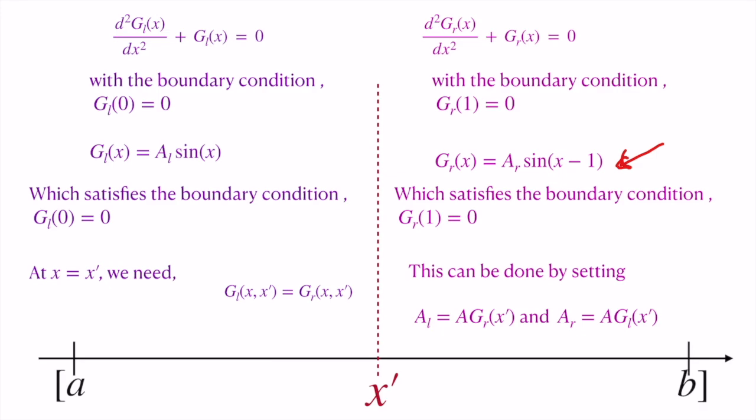Once we do this, the solution matches, but the derivative need not match automatically. In fact, we have to find A such that the derivatives of these two match at x equal to x prime. Nevertheless, we have found an easy method to match the left hand solution and right hand side solution, leaving out the constant.